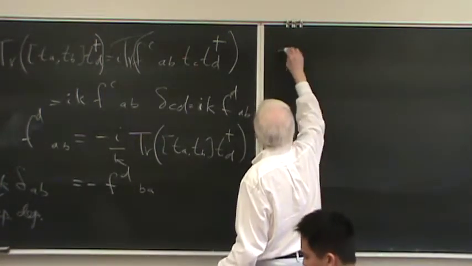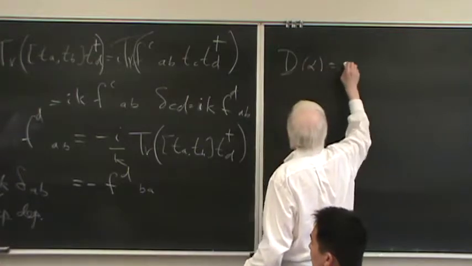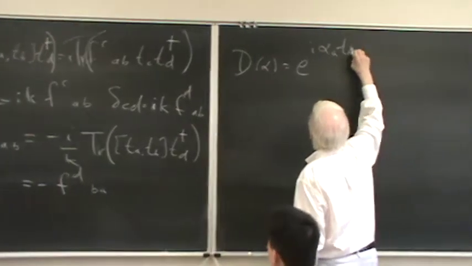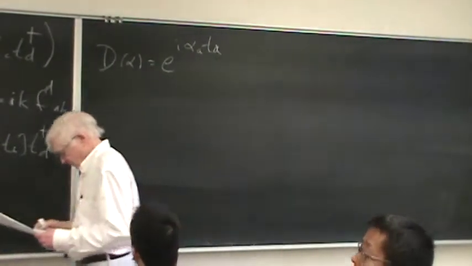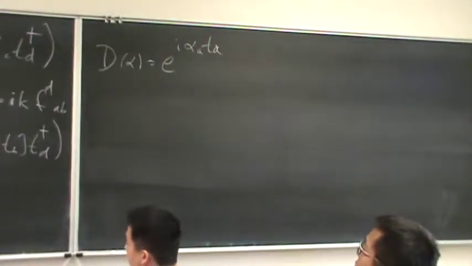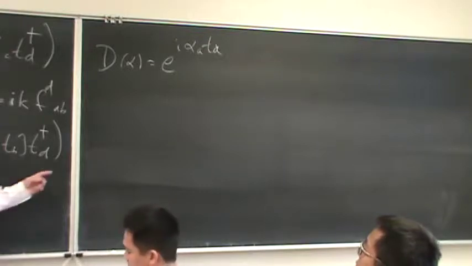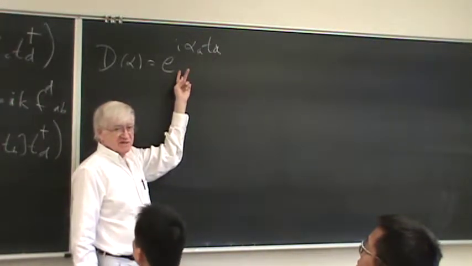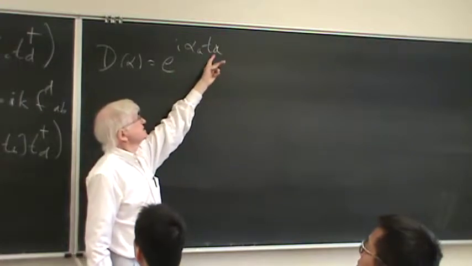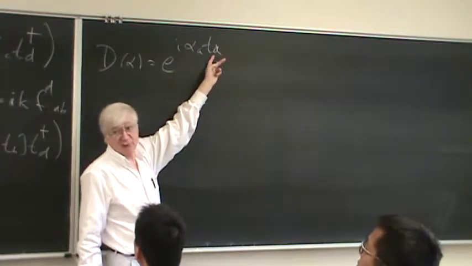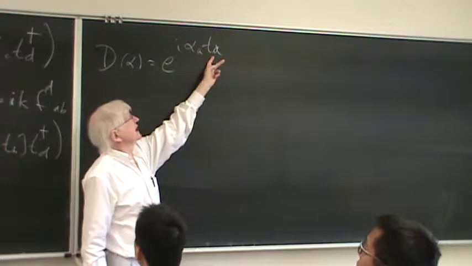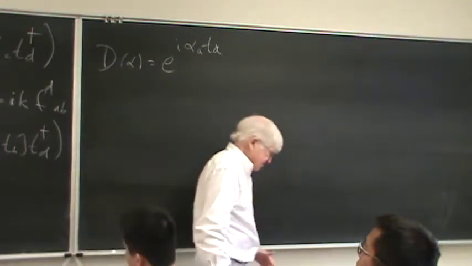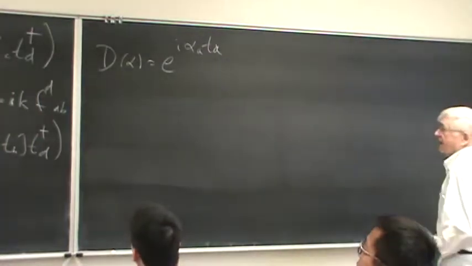Our general D of alpha then is e to the i alpha_A T^A, summed over A here. And you can see that if the T^A are Hermitian, this is a unitary matrix. But if some of the T^A are anti-Hermitian, then this is something that's not unitary and it can get very big or very small.